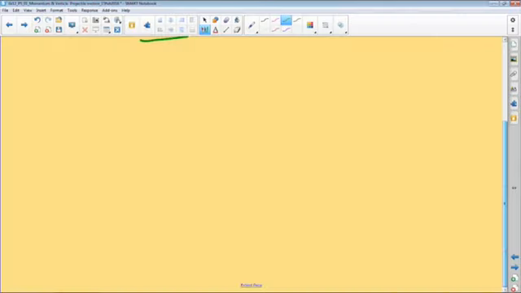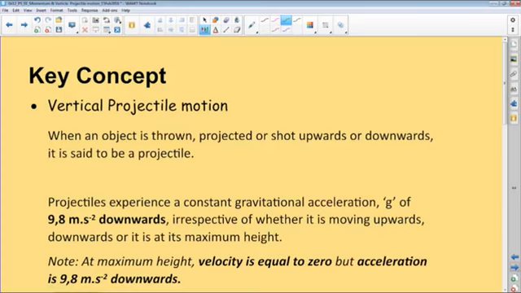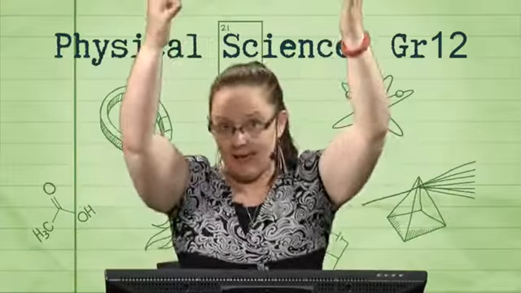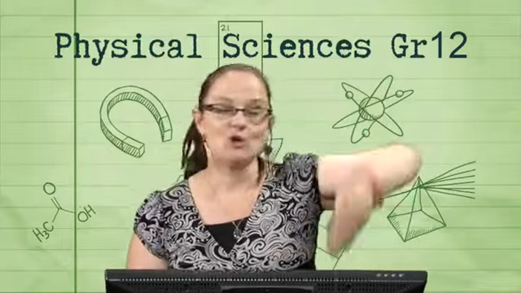So that brings us to vertical projectile motion. If an object is thrown, projected, that's where the word comes from, shot upwards, downwards, sideways, in the air, it's said to be a projectile. The nice thing about your curriculum is that it's only going to go up and down.